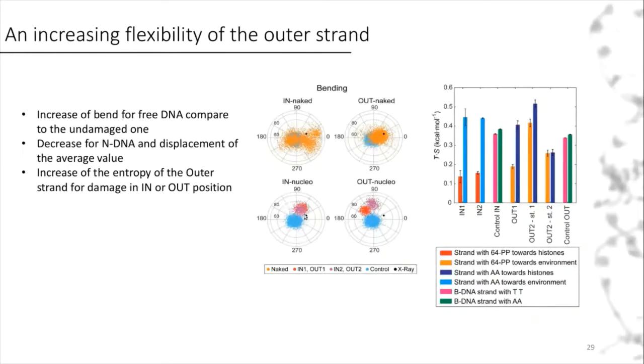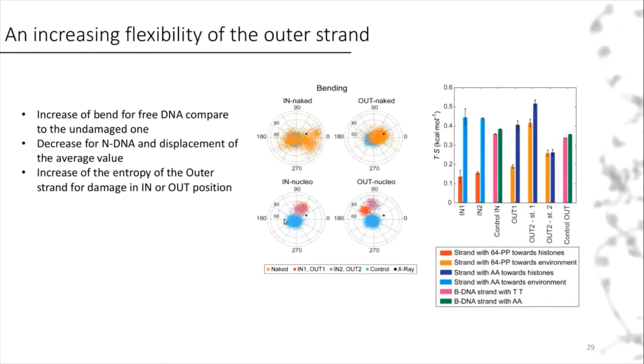While for nucleosome, because of the mechanical constraint due to the histone core, you have a really narrow distribution, even narrower than the control free DNA, and which is not centered because the DNA is naturally bent in the nucleosome, so it cannot be flat like free DNA.